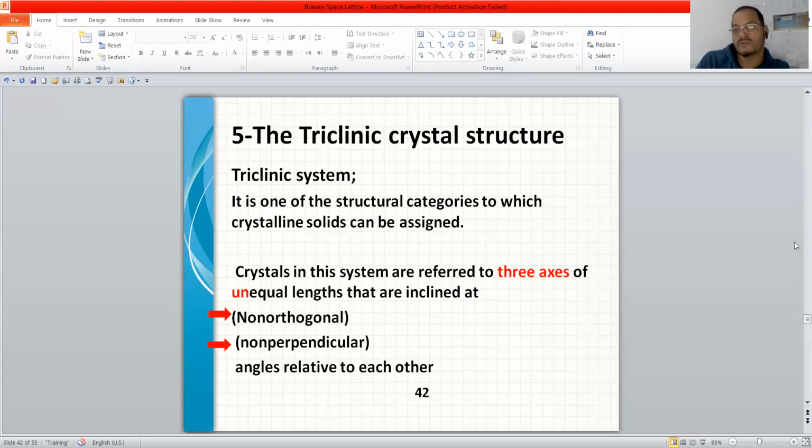Here, it's interesting because we're dealing with non-orthogonal and non-perpendicular angles. That means we have three definitely different angles. Let me repeat that: non-orthogonal, non-perpendicular angles relative to each other.